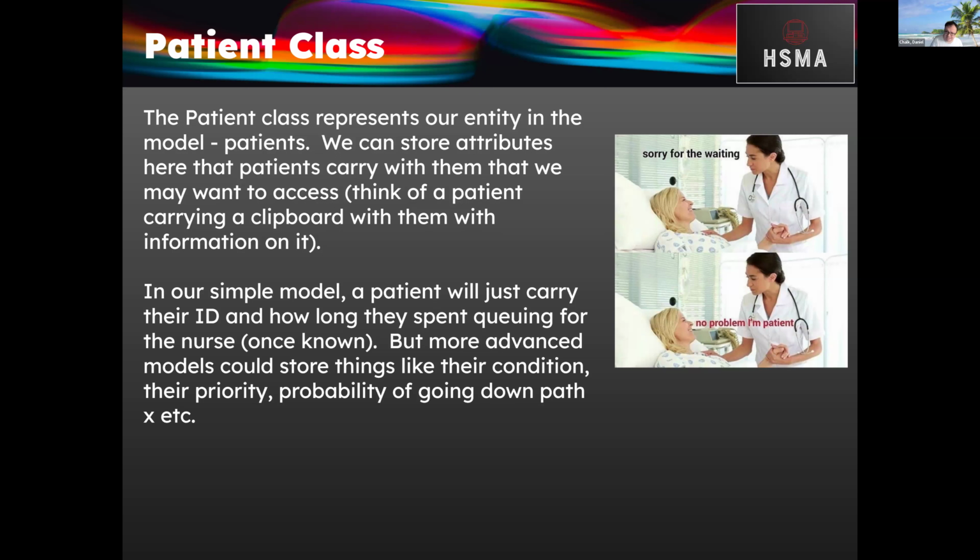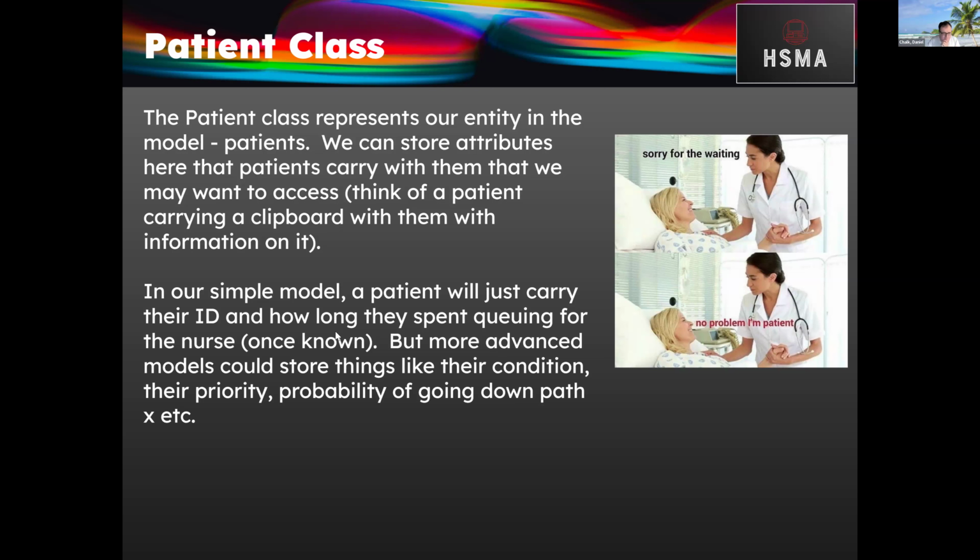So a nice way to think about this is to imagine you've got a patient literally carrying around a clipboard with their information. You probably won't need things like name and stuff for a discrete event simulation model, but it may have an ID. They may make notes on how long did I spend queuing up for the nurse, how long did I spend queuing for the doctor, what's wrong with me, all that kind of stuff.